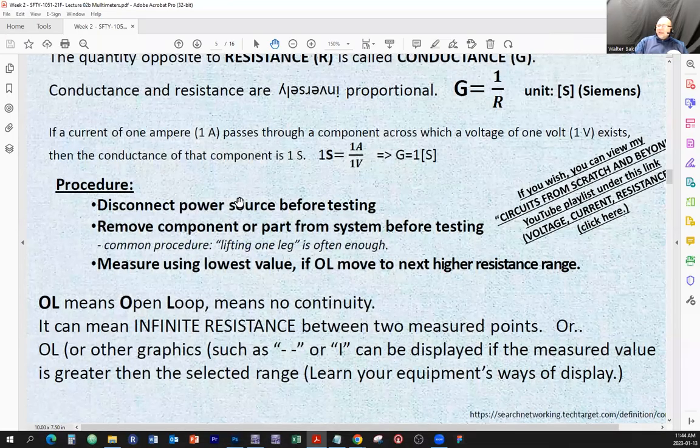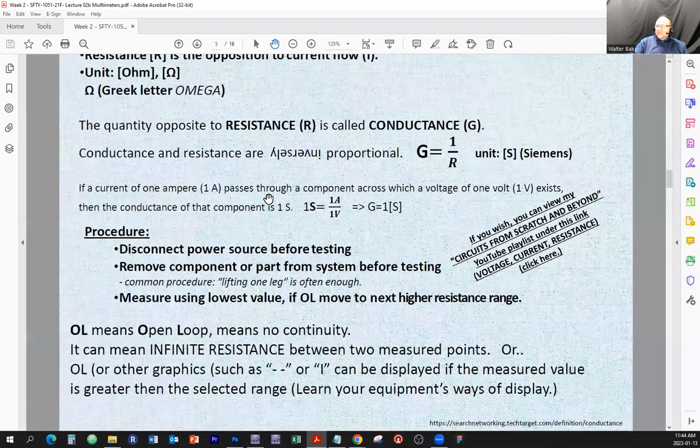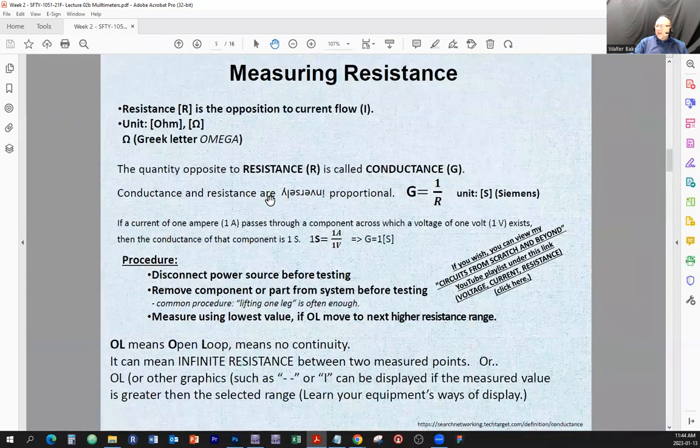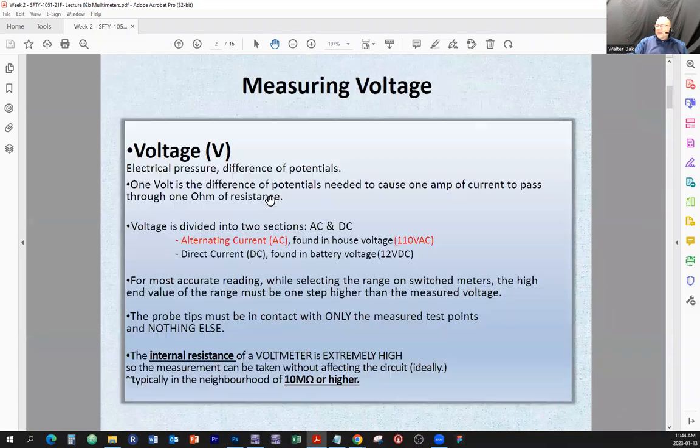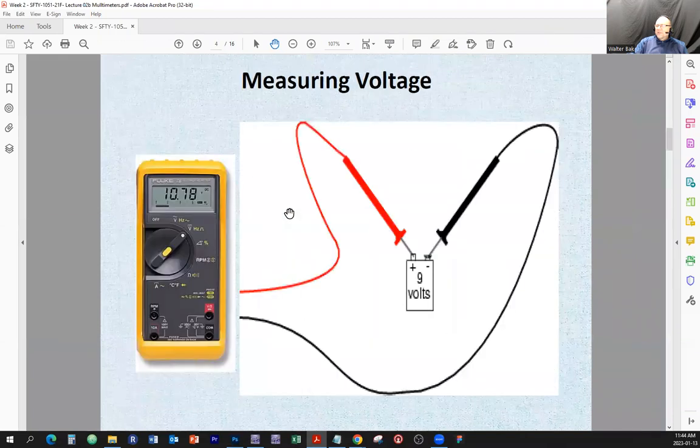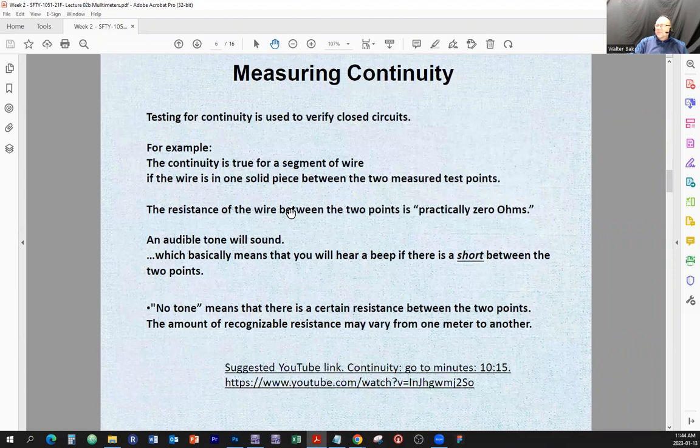Okay, so that's as far as measuring the resistance. All right, I apologize for my mouse. Voltage, resistance, measuring continuity, testing for continuity.